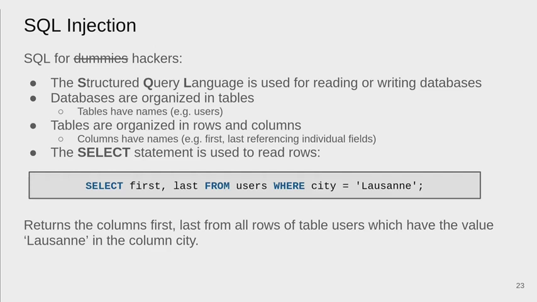Then you can iterate through the set that is being returned. It returns the columns first and last from all the rows of table users which have the value Lausanne in the column city.